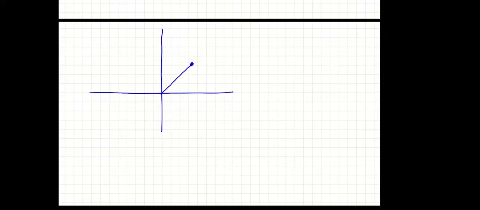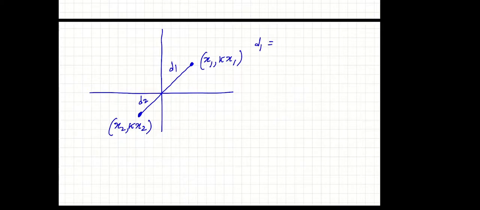So this is d1, this is d2, this is (x1, kx1), this is (x2, kx2), right?